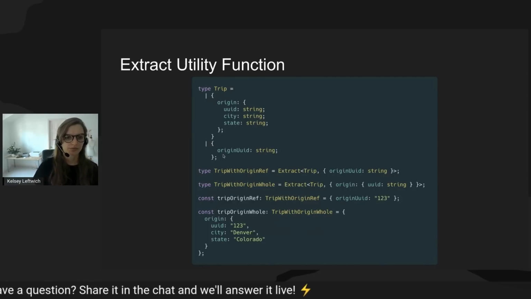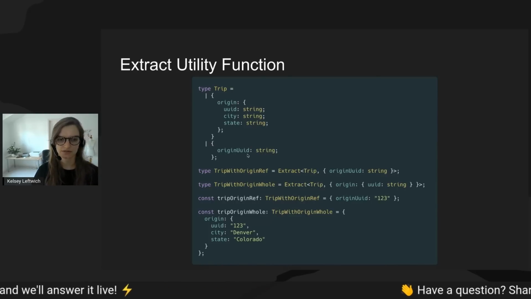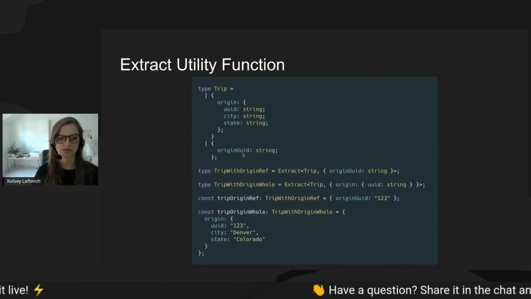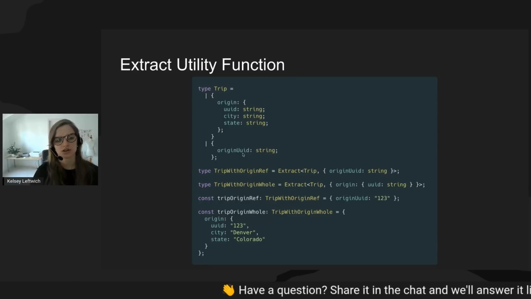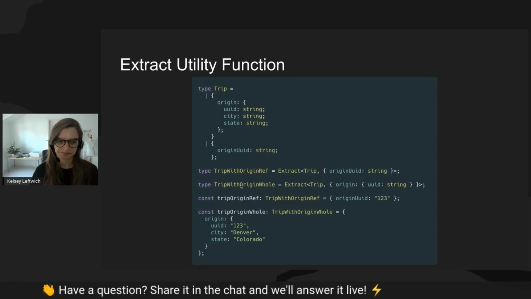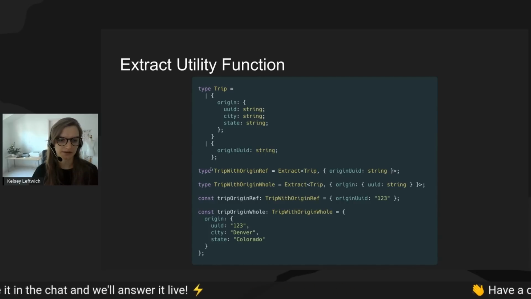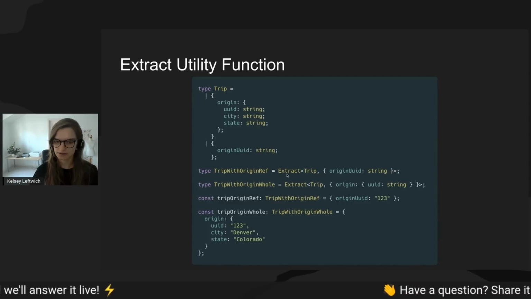These two types are pretty different. This is an object with some fields that are scalars, and this is just an identifier. So what do you do if your code gen generates something like this and you want to deal with these separately? In this case, I have defined two types using the Extract utility.